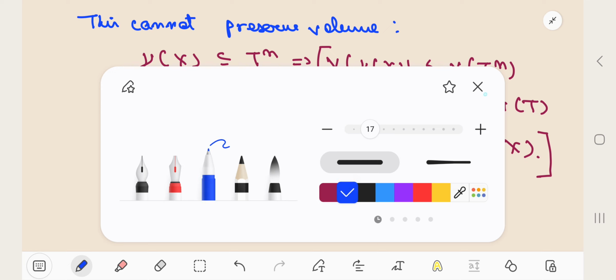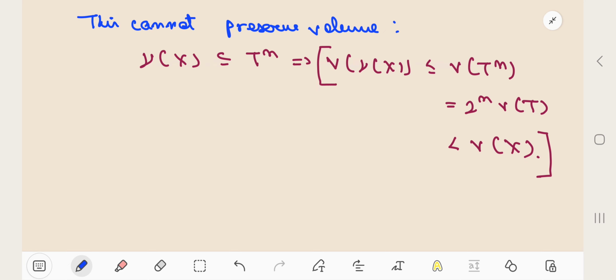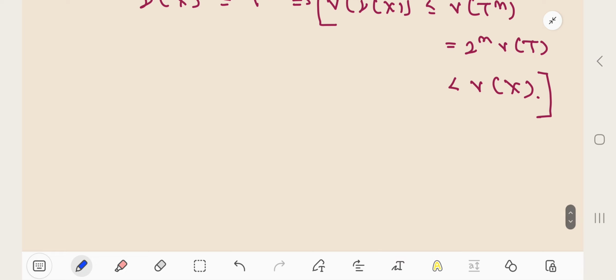But in the previous lecture, we have seen that when the natural map is not volume preserving, then it cannot be injective when restricted to the required subspace. So in this case, it is not injective when we restrict it to X, right?